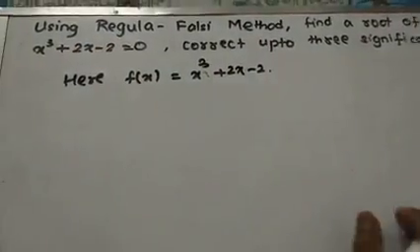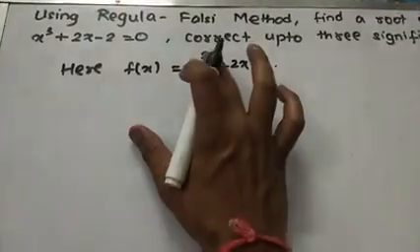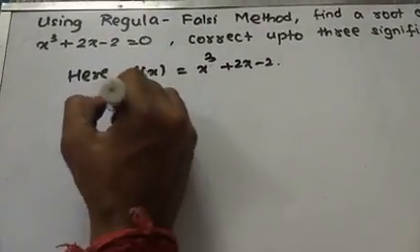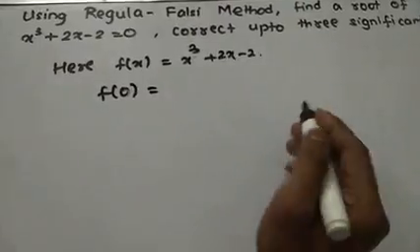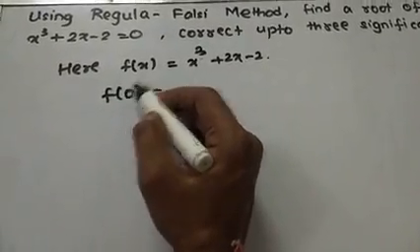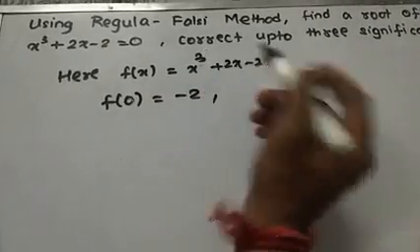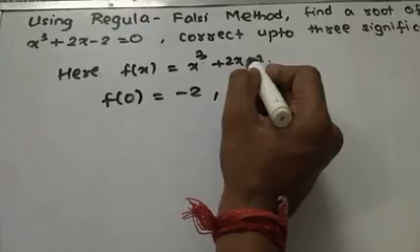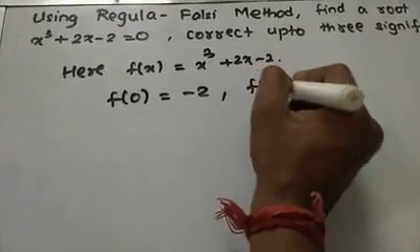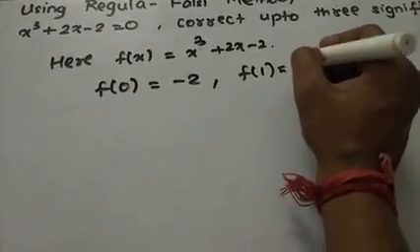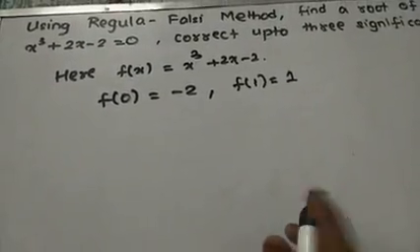So first of all, initially what we have to find? We have to find the interval where the root lies. So let's check. First of all, let us find f of 0, that means in place of x putting 0. 0 cube is 0, 2 into 0 is 0, so we get minus 2. And f of 1, in place of x putting 1, we will get 1.